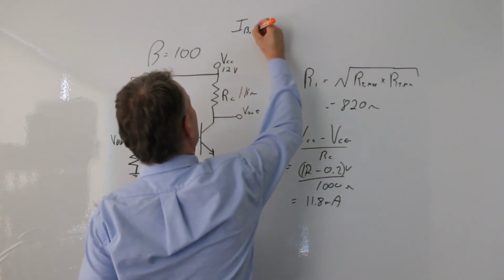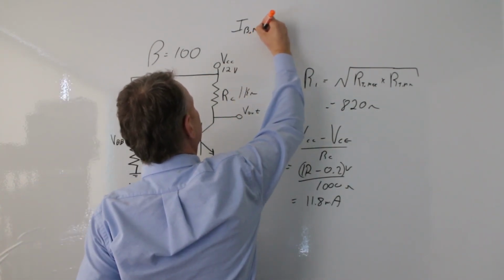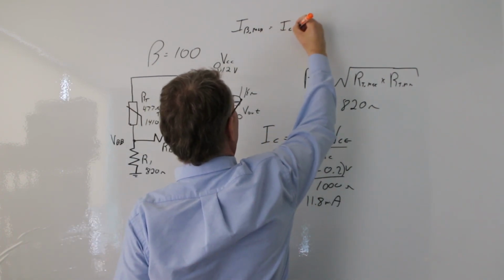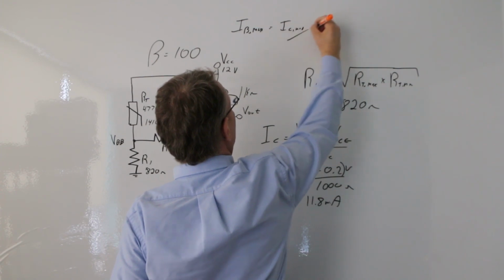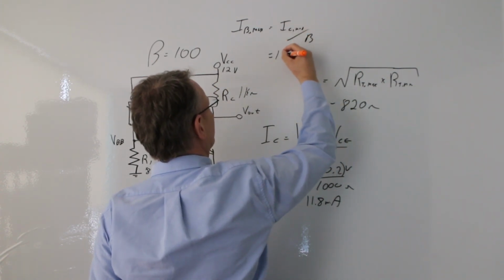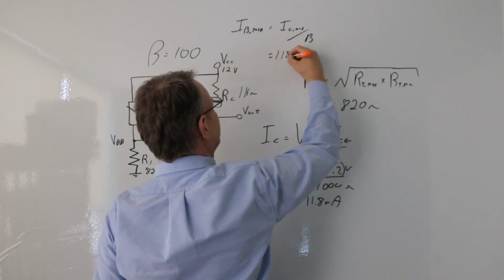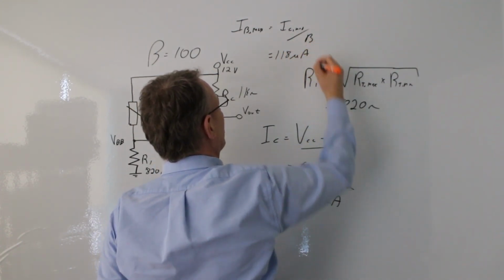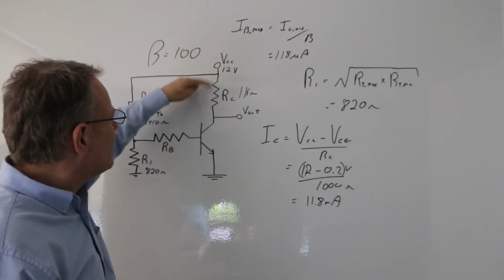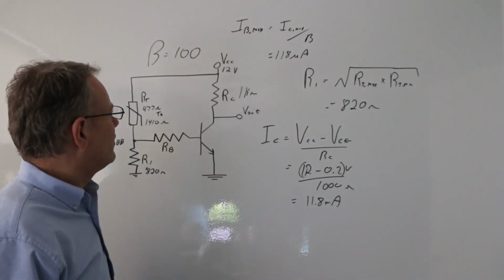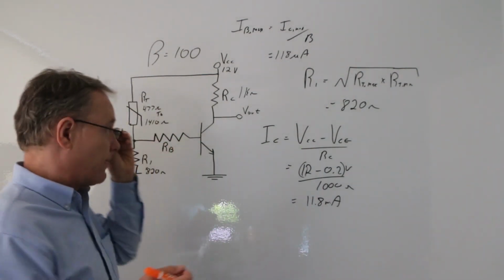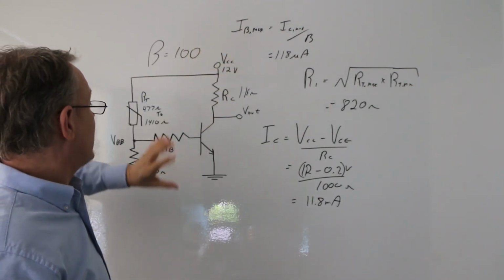So my IB maximum is going to equal my IC max divided by beta, and in that case that is 118 microamps. Okay, so that's my maximum. And what's the minimum current? Well, essentially I want this to be wide open, so my minimum current is actually going to be 0.